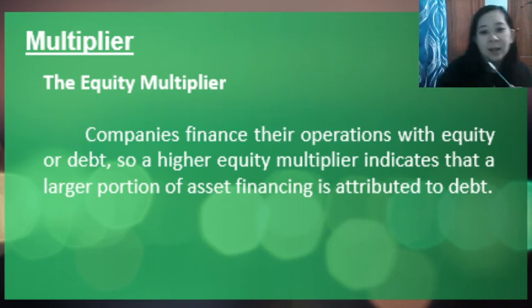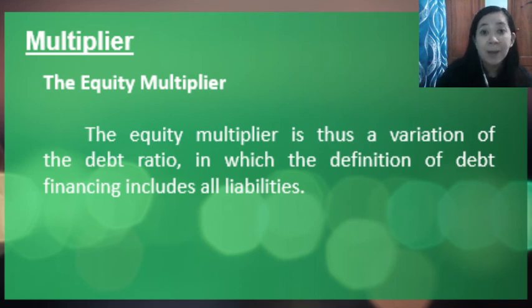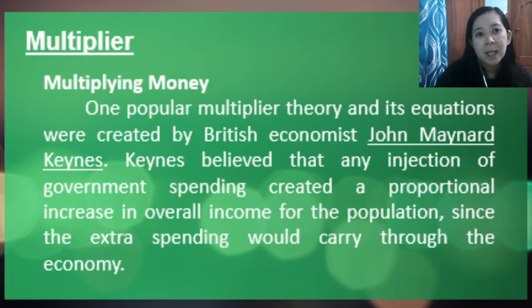The equity multiplier is thus a variation of the debt ratio, in which the definition of debt financing includes all liabilities. Under the debt ratio, we consider not only the long-term debt but also the short-term obligations.